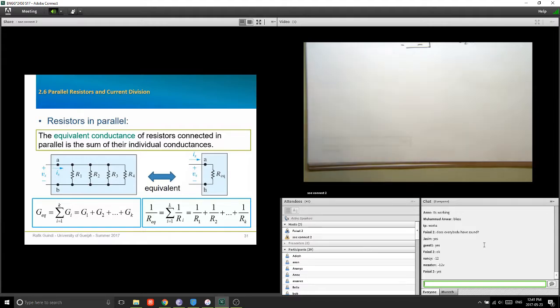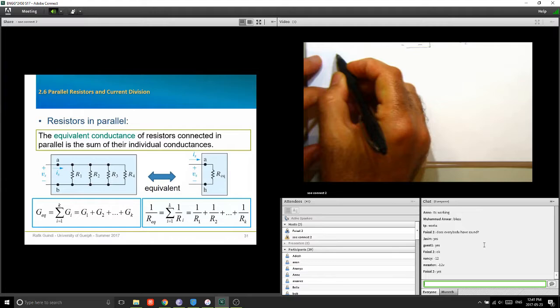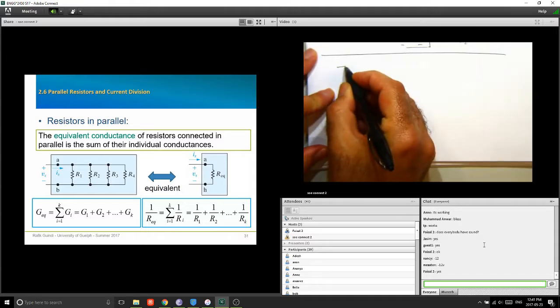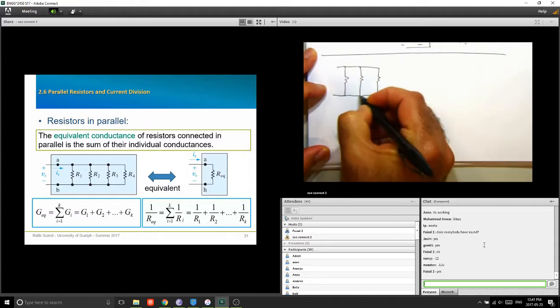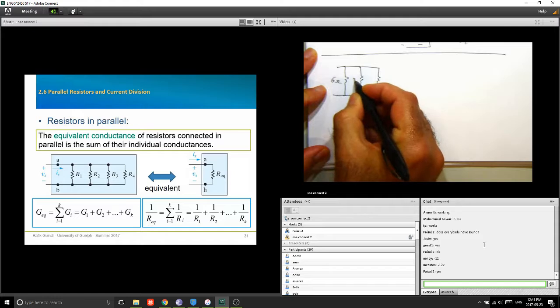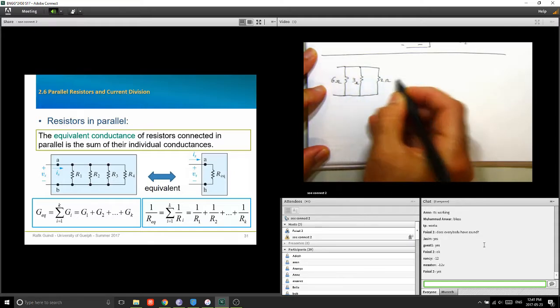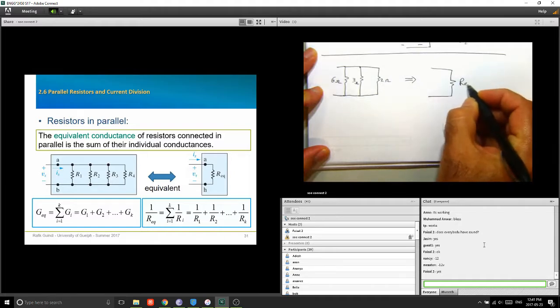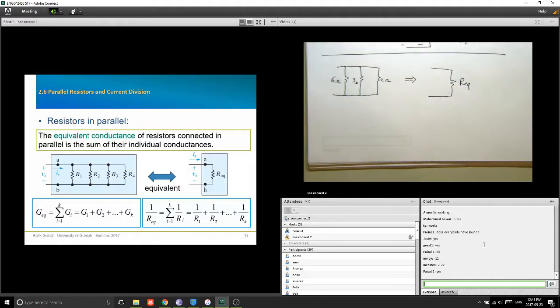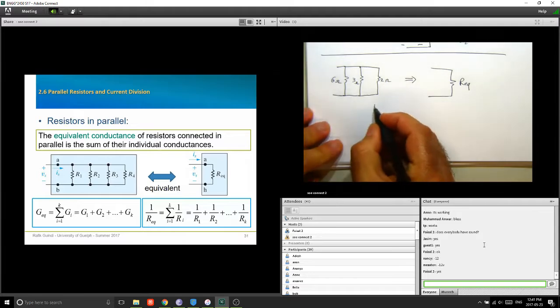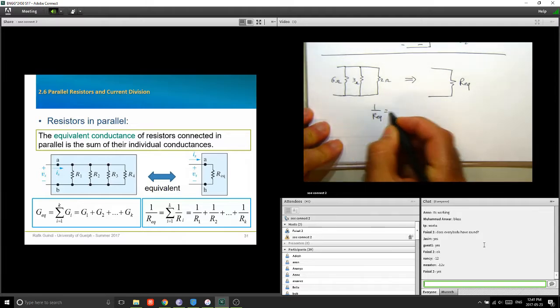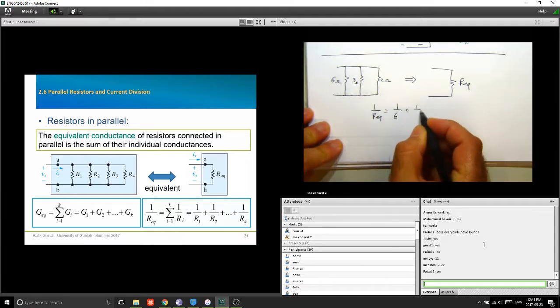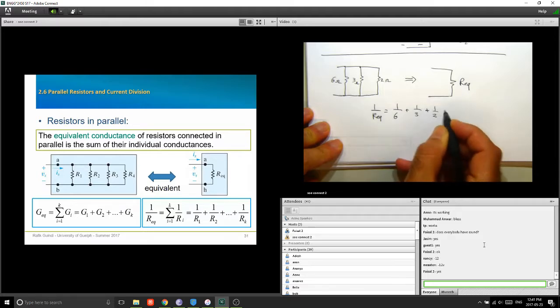So for example, 6 ohm, 3 ohm, and 2 ohm. I want to see how that can be reduced to an equivalent resistance R equivalent. So you're going to say 1 over R equivalent equals 1 over 6 plus 1 over 3 plus 1 over 2.